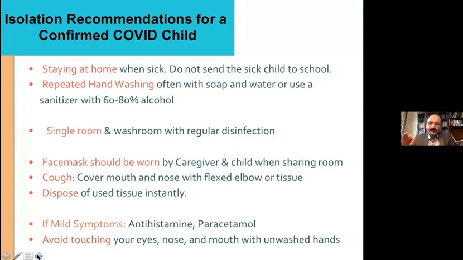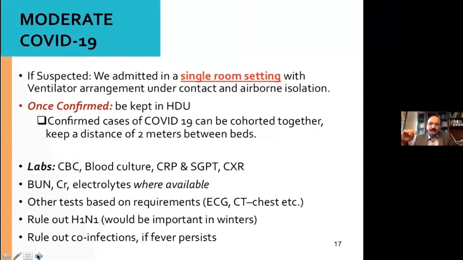If you see the slightest signs of respiratory distress or saturations dropping, the child needs to go to the hospital. Of course, if it's a moderate disease and they are in the HDU, the details of what investigations should be done and how these should be treated are beyond the scope of this talk.